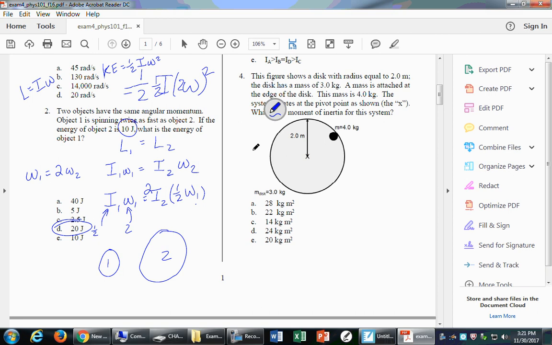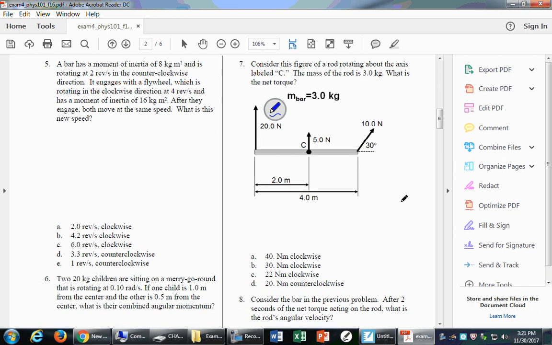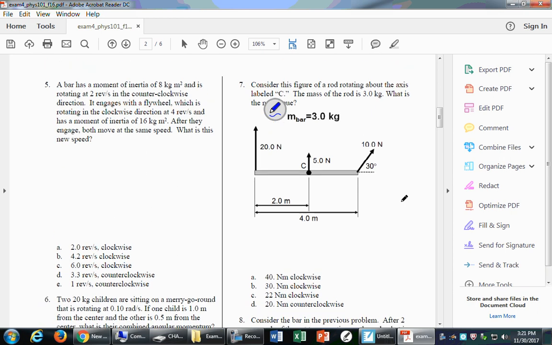Okay, what else? Number 5 on this same one. When you look at these, this one looks a lot like a Newton's second law problem, but it's actually a momentum problem. You can tell because the problems are all grouped together: all the momentum problems are together and all the Newton's torque problems are together.